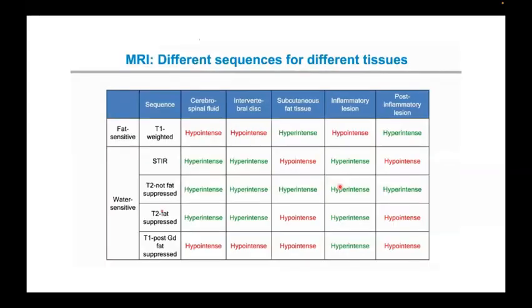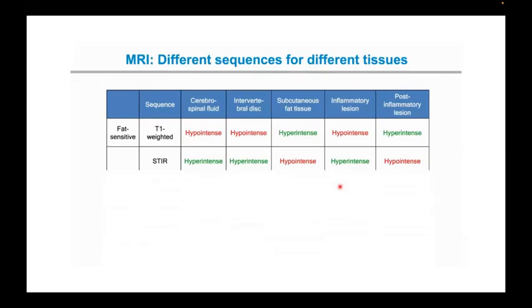And of course, we have different modalities of MRI. There is a modality where you can see fat as hyperintense, and another modality where you see water as hyperintense. I will not discuss all the modalities, but I will concentrate on two different sequences.